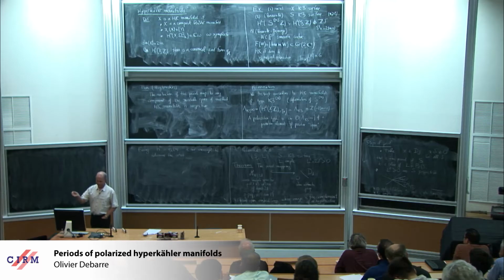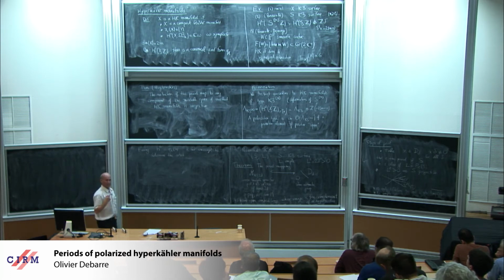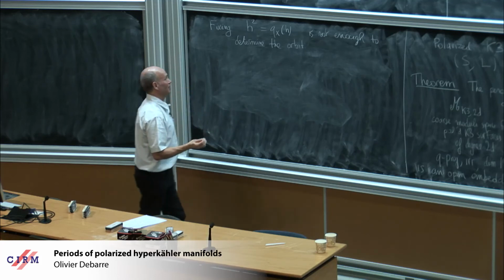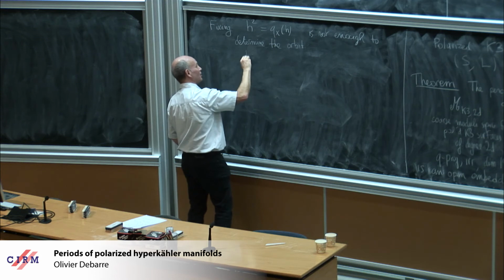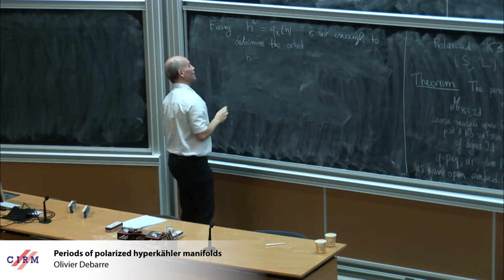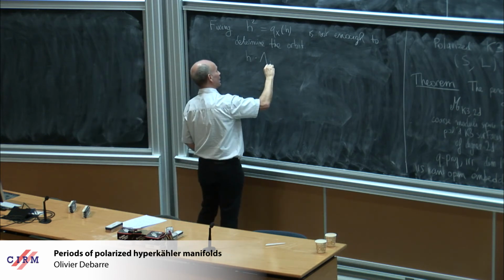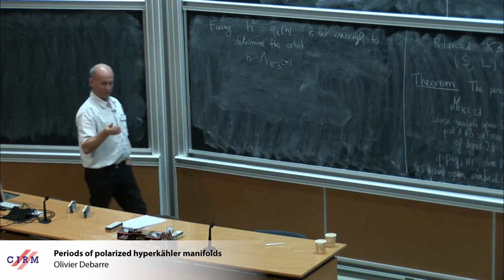There are various things that you can ask, but there's actually another invariant which will be important for us, which is called the divisibility. The divisibility is very simple to define. If you take an element h and you look at all the possible products with the elements of the lattice, this is a set of integers.